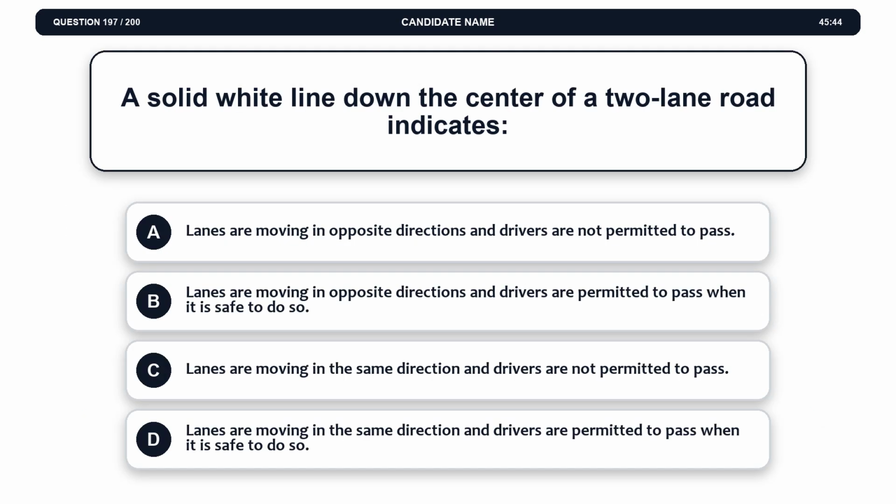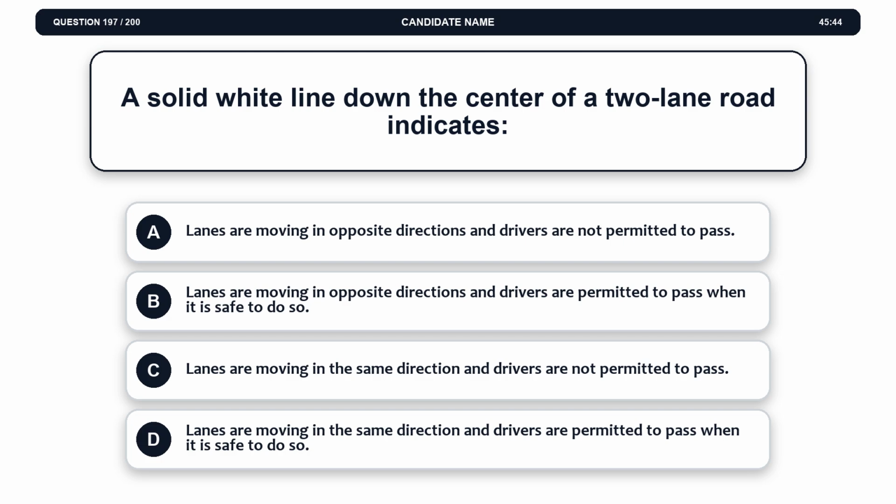Question 197. A solid white line down the center of a two-lane road indicates: Option A. Lanes are moving in opposite directions and drivers are not permitted to pass. Option B. Lanes are moving in opposite directions and drivers are permitted to pass when it is safe to do so. Option C. Lanes are moving in the same direction and drivers are not permitted to pass.